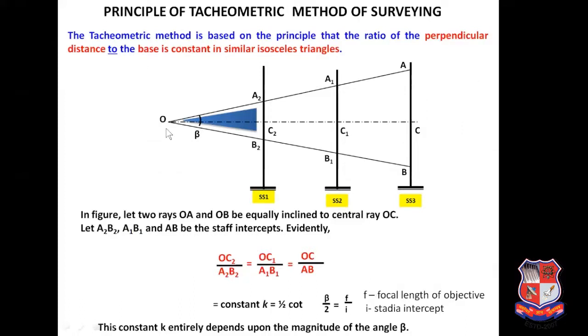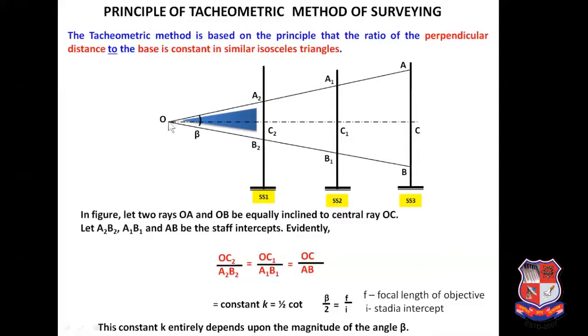O is my instrument station, SS1 staff station 1, SS2 staff station 2, and this is my staff station 3. Now from the figure, the two rays OA and OB are equally inclined to the central ray OC. So OC is my horizontal dotted line, this is my central ray, and OA and OB are the equally inclined rays.